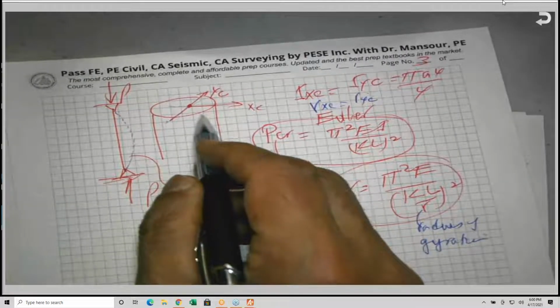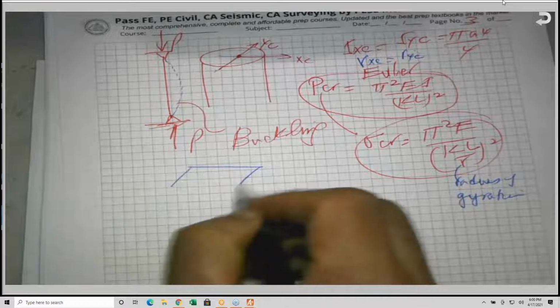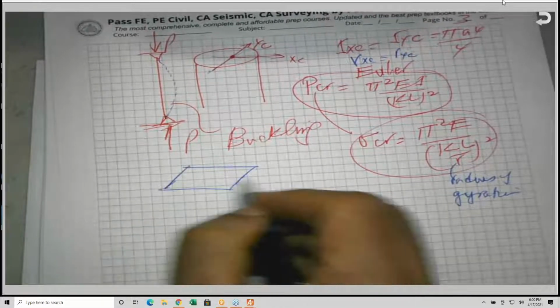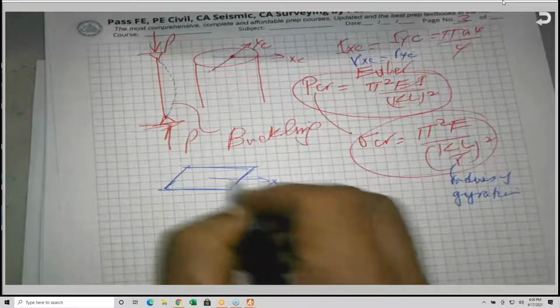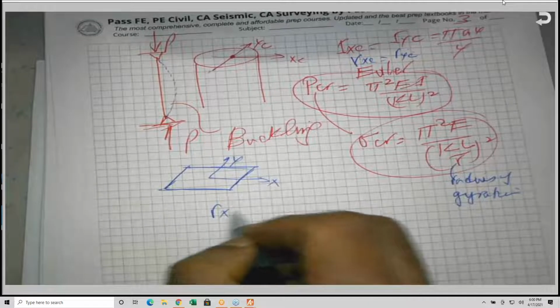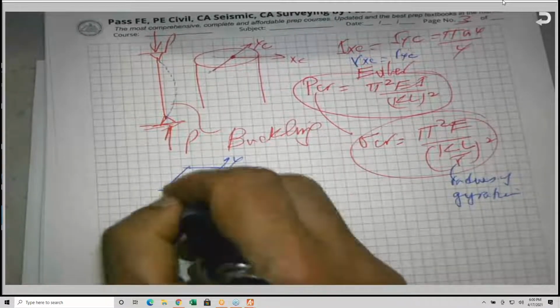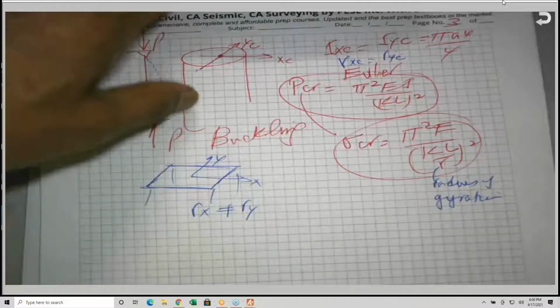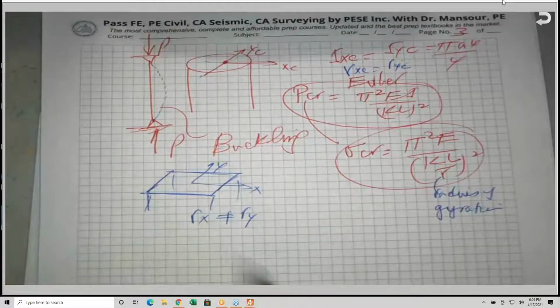To eliminate human error: if this column is a rectangular column like this, sometimes you will find that this is x and this is y, and Rx is not the same as Ry. If I made a mistake in my calculations, I might be in big trouble because I might have a failure because of human error.